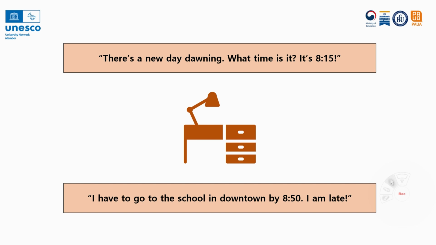And then I realize that I have to go to the school in downtown by 8:50. So I may have only slightly more than 30 minutes. And then I'm late, right? It's not Sunday or Saturday. It's Monday, and I have to go to school. And then it's late. So it's the natural pattern of our thinking, right?